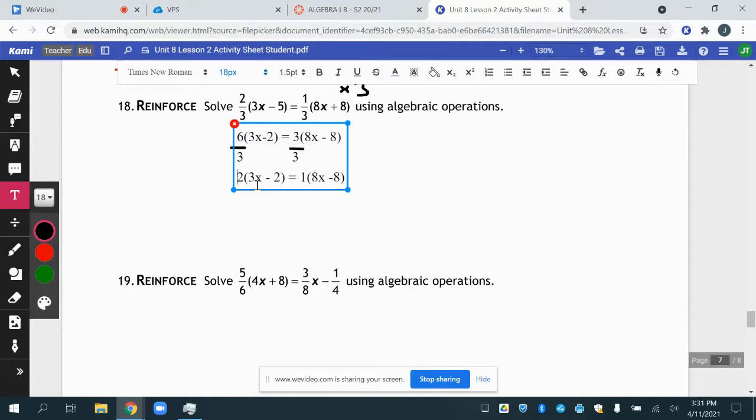Now I'm going to distribute the 2 and the 1, so that's going to give me 6x minus 4 on the left side. On the right side, we end up with 1 times anything is itself, so still 8x minus 8. Now here's where you could graph that, y equals mx plus b. You could graph this and figure it out that way.